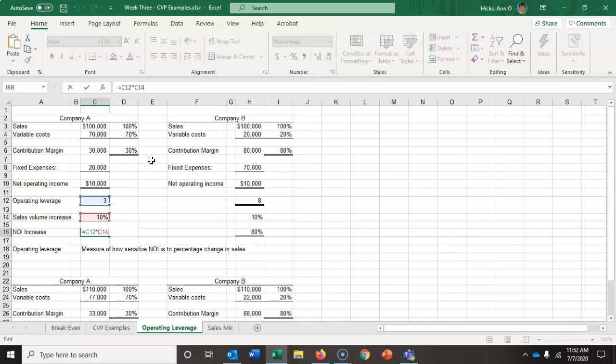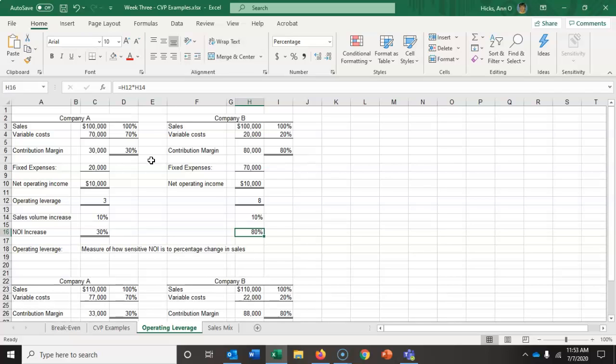So Company A, all things else being equal, sales price, variable cost per unit, fixed expenses, would generate a 30% increase in NOI if they have a sales volume increase of 10%. Whereas Company B can actually look for an increase of 80% in NOI. And if you look at the different companies, it should be clear as to why.